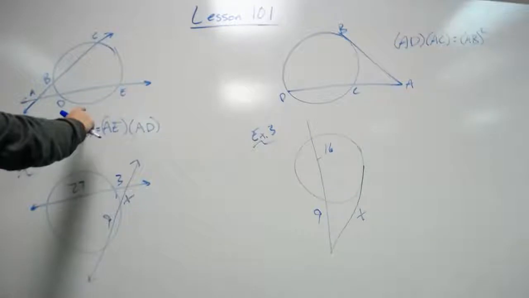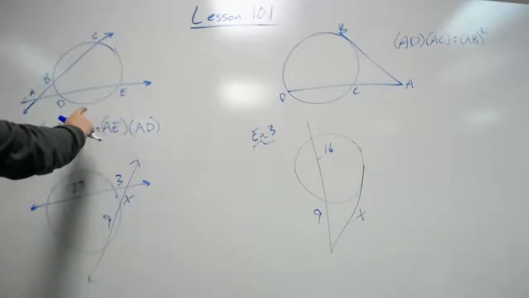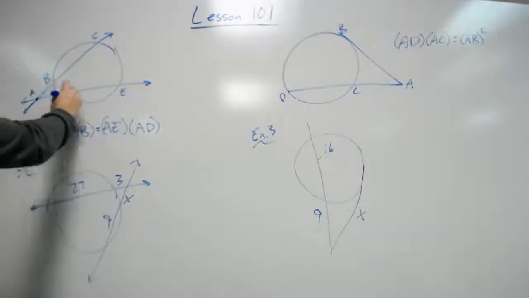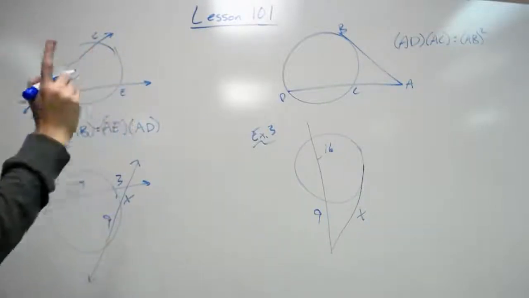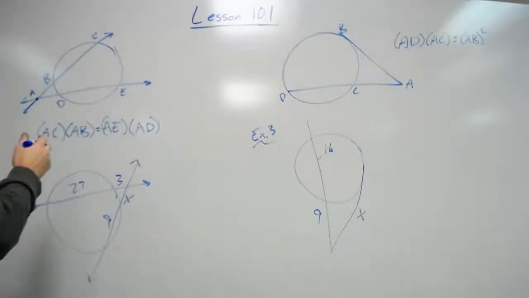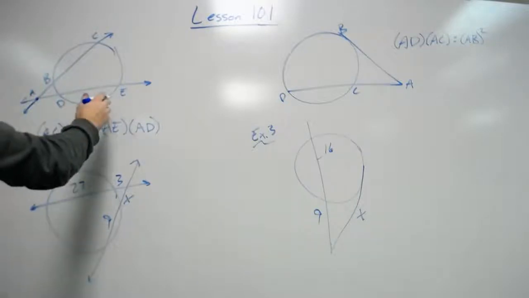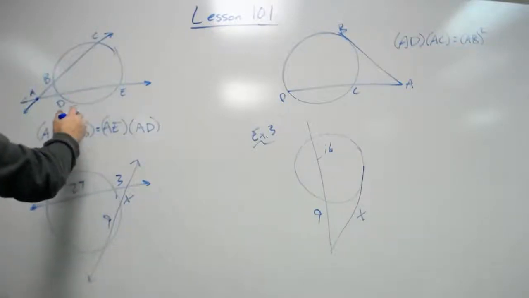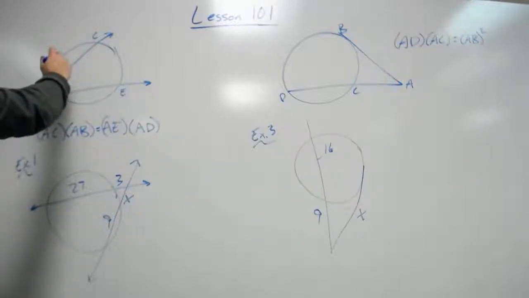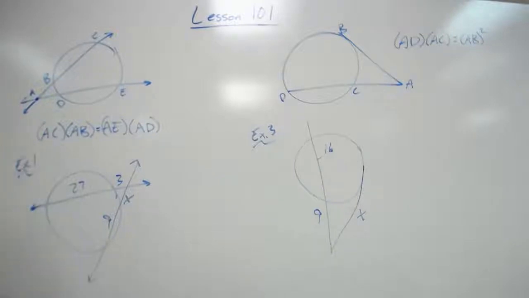If two secant segments are drawn to a circle from an external point, so here's our external point, and remember, secant segments are lines that go through the circle. If we have two secant segments that are drawn to a circle from an external point, the product of the length of the secant and that of its external segment is equal to the product of the other secant and its external segment.